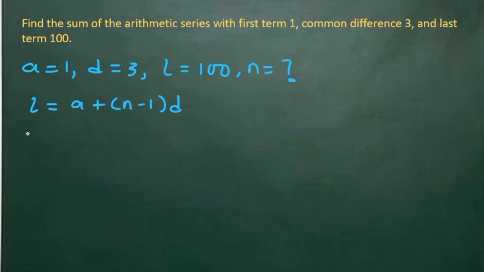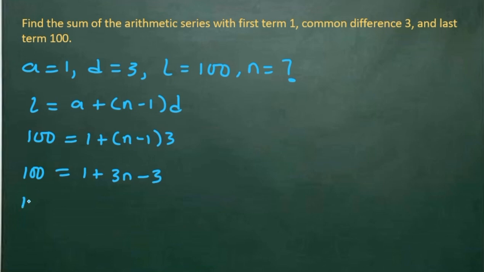So from here, our last term 100 equals the first term 1 plus n minus 1 times 3. So this will be 100 equals 1 plus 3n, expanding this bracket. So what I did is multiply 3 by n and multiply 3 by minus 1. So this will be minus 3.